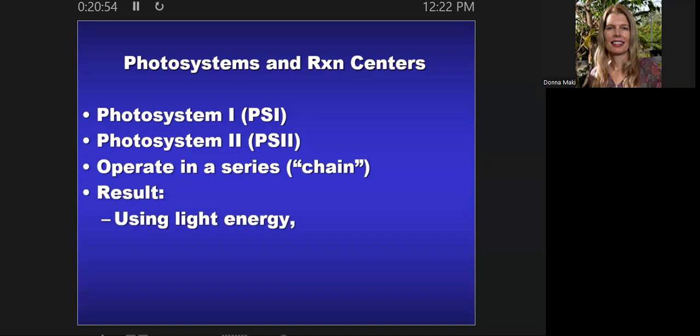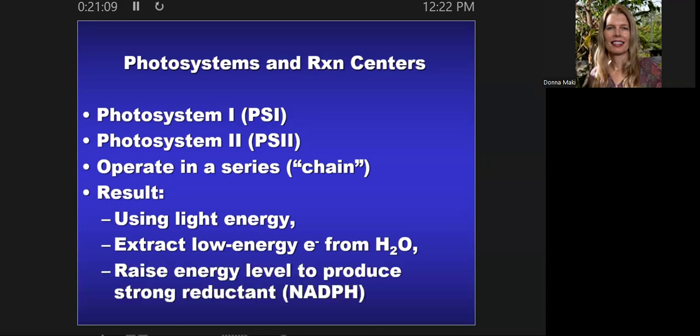Basically what we see when you look at the whole thing from start to finish is that light energy has to be used. That light energy has enough energy to extract electrons from water, which hates to give up electrons. And you end up raising that energy level to get a very strong reductant.